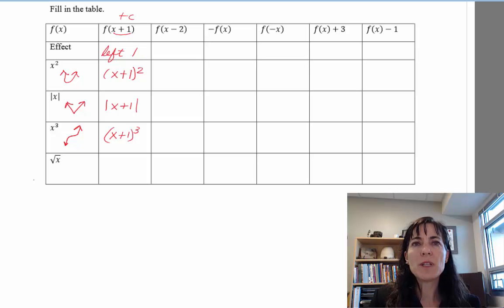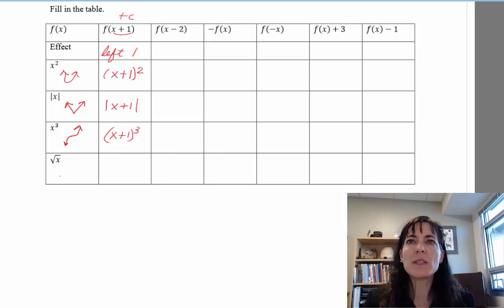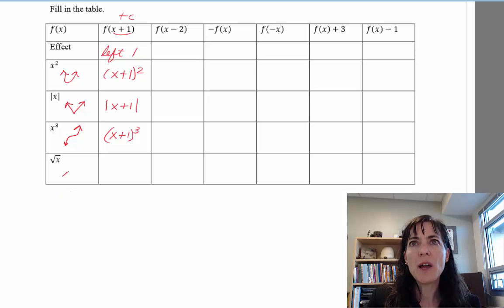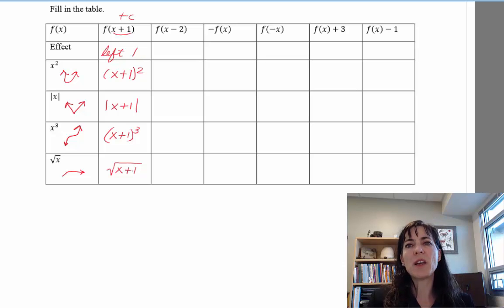For this last one, this is the square root of x, and it has this shape. And for our plus 1, it's going to be the square root of x plus 1, all underneath the square root together. So I'm hoping you can start to see how these shapes, these transformations look for our 4 parent functions in this case.